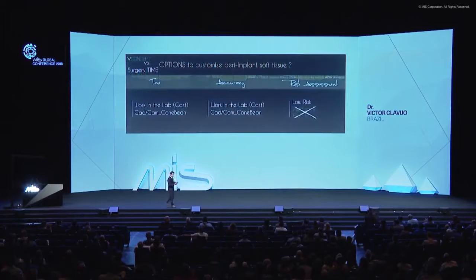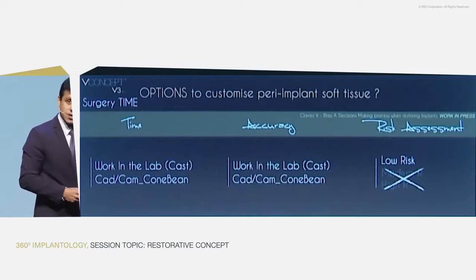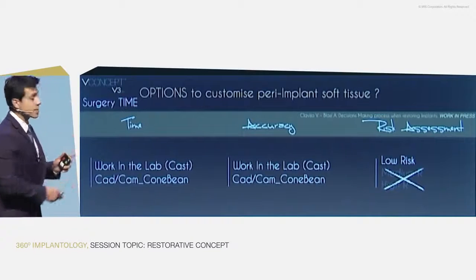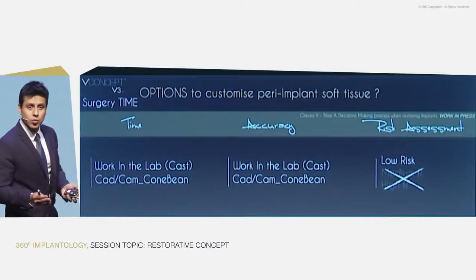So if you want to create a protocol, you can improve your time working on the cast. And nowadays, you can work with DICOM from cone beam and also with data from scanning your cast. If you work this way, you have more accuracy in your restorations, and the risk assessment will be low because you work beforehand.